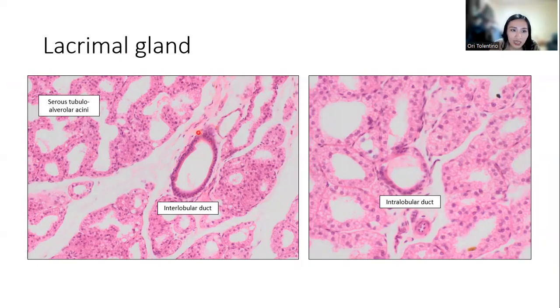They are lined with two layers of low columnar cells or a pseudostratified epithelium, so either of the two is correct. Your intralobular ducts are inside the lobes of the gland, together with the acini. They are lined by simple cuboidal or columnar epithelium, so they are simple cuboidal.